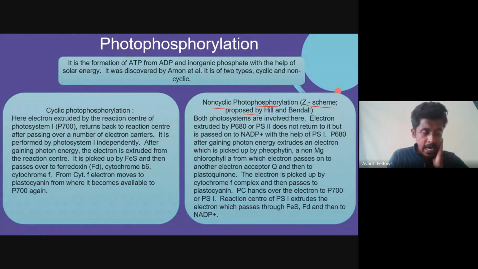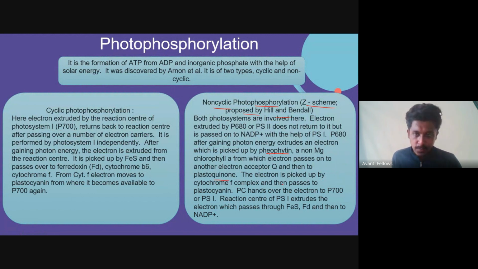Now here, first it goes from photosystem 2, gains the energy, and is picked up by electron transporters called pheophytin. These are electron acceptors. Plastoquinone is another example of an electron transporter.